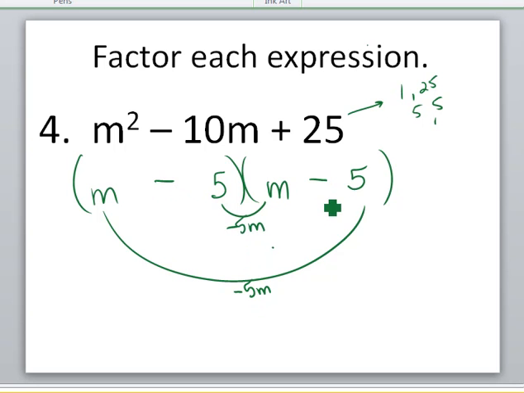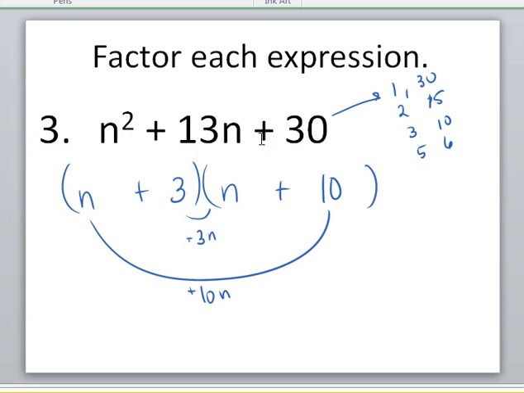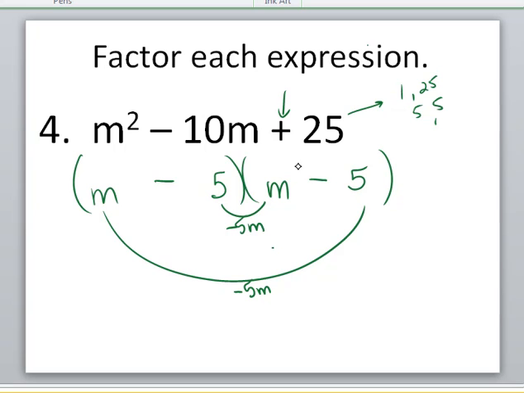Why is it okay to put 2 minus signs in here when you have a positive back here? When you were foiling this, you'd have a negative 5 times a negative 5, which would give you a positive 25. So if you have a positive following back here, you know that you either have to put positive, like on the previous one. Let me go back to one. So this had a positive sign, so I have positive, or I have negative, because a positive times a positive gives me a positive, or a negative times a negative gives me a positive.